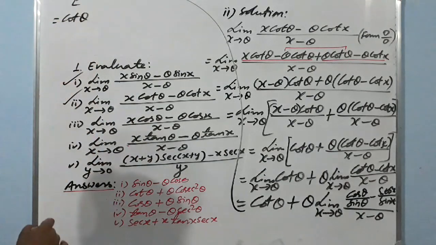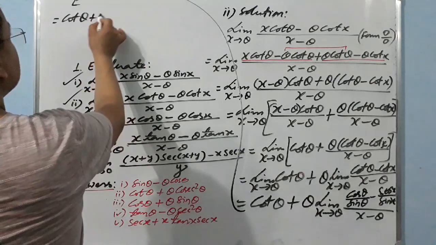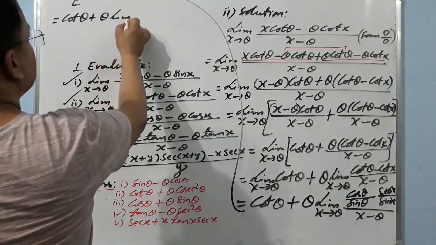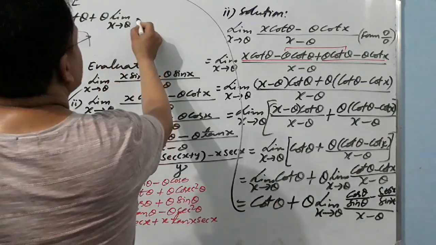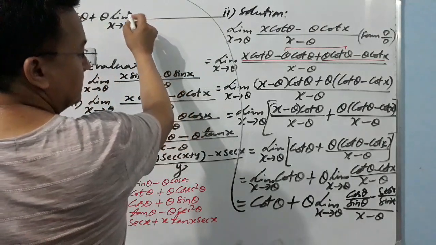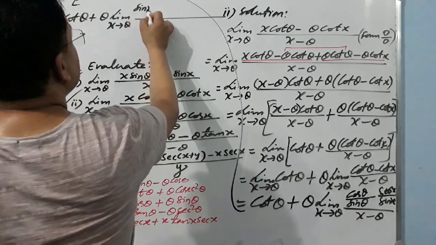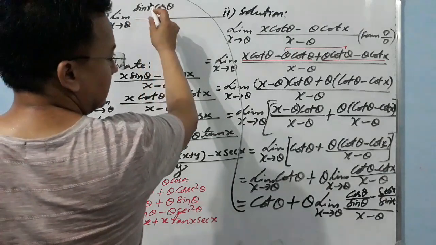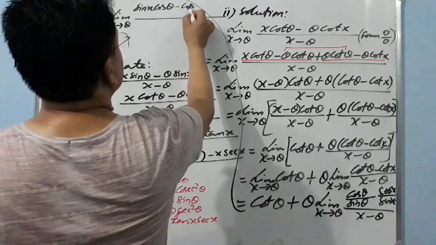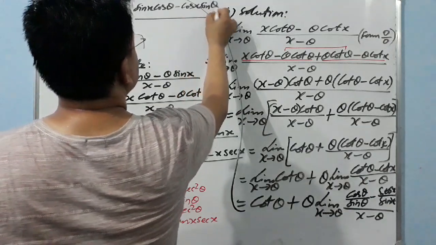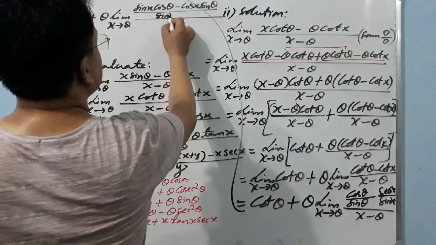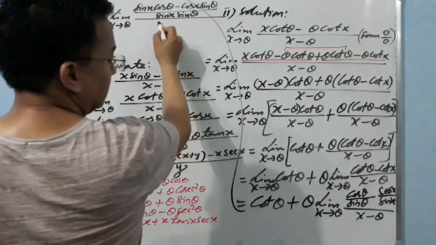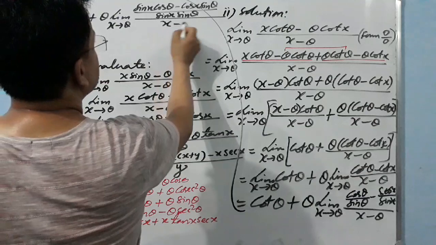cot theta plus theta limit as x tends to theta, you can take LCM, you will get here (sin x cos theta minus cos x sin theta) over (sin x sin theta), whole upon x minus theta.